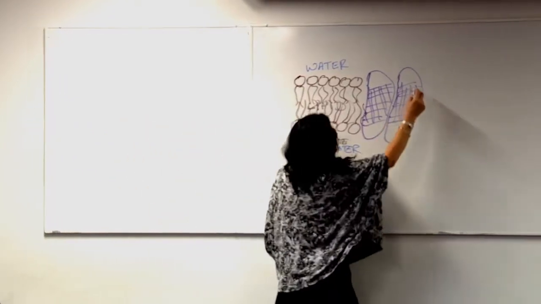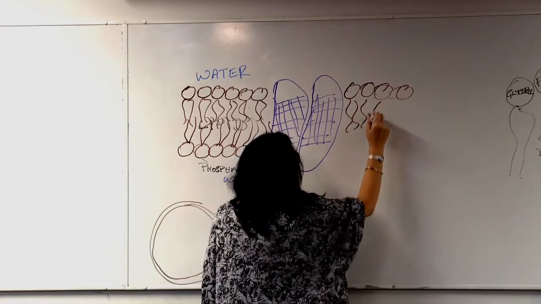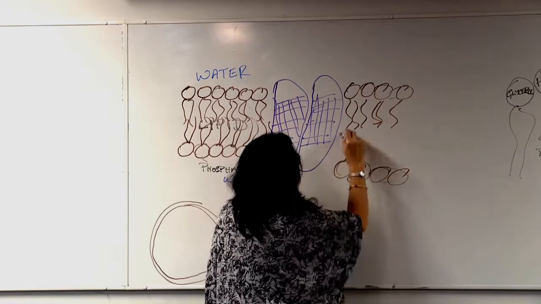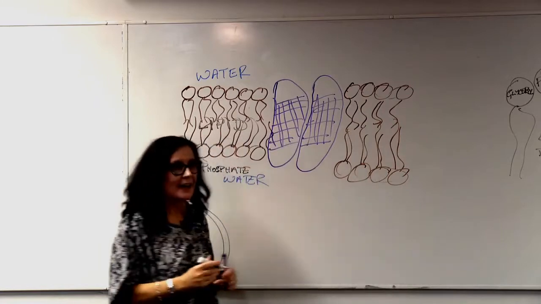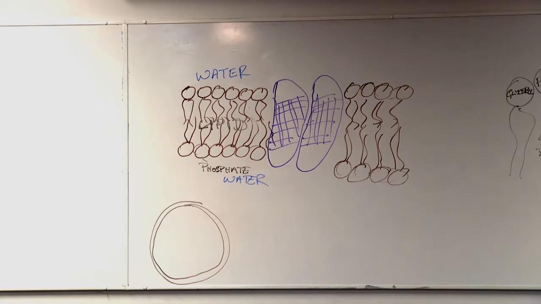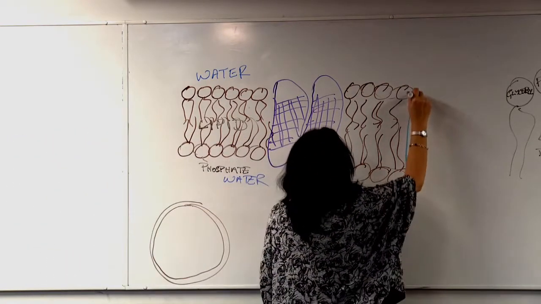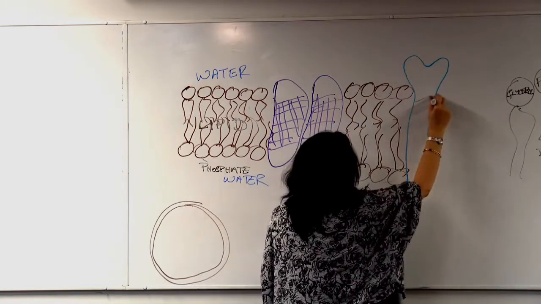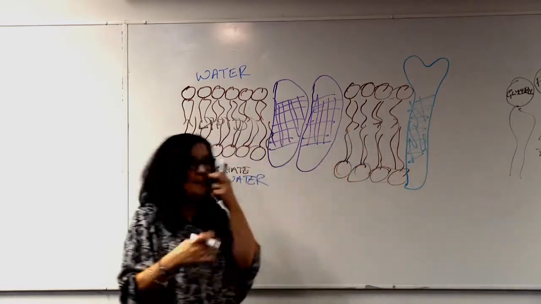On the other side, we have more phospholipids. There we go. The phospholipids get scratchier and scratchier the more I have to draw of them. And then another transmembrane protein we could have might be a receptor. This has to go all the way through. So it has to have a section in the middle that's okay with lipids.